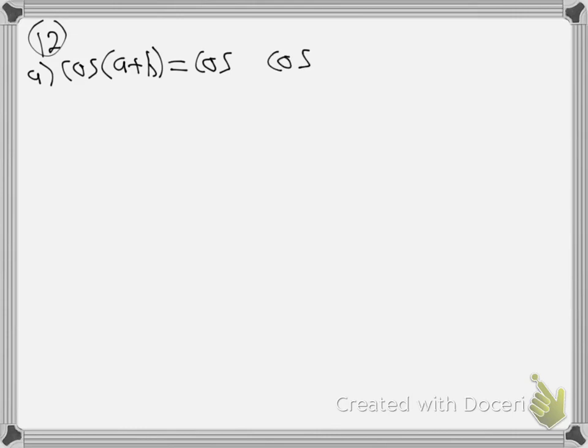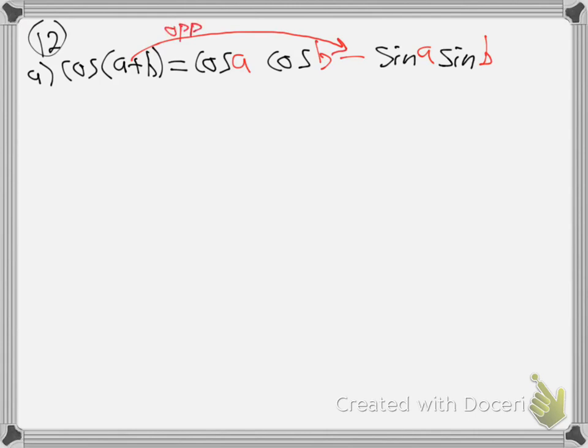Cosine, sine, sine, and the angles never change order. A, B, and is he our friend or not? No. He's not. He changes sign, minus, right? Switches. Opposite. Okay, so there we go.